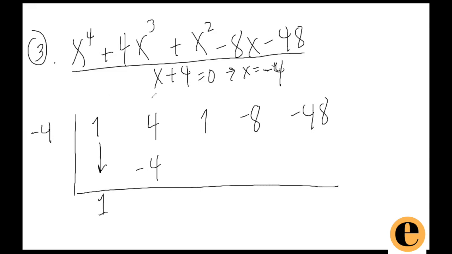Add mo sila. Okay? Guys, in synthetic division, hindi nagbabago yung sign. You add this one, that's equal to 0. Okay, 0 times negative 4, that's equal to 0. Add mo sila, 1. 1 times negative 4, that's equal to negative 4. Add mo sila, that's equal to negative 12.